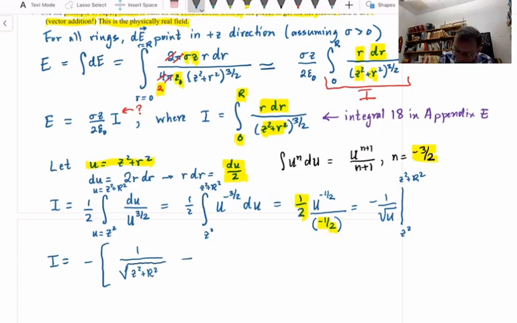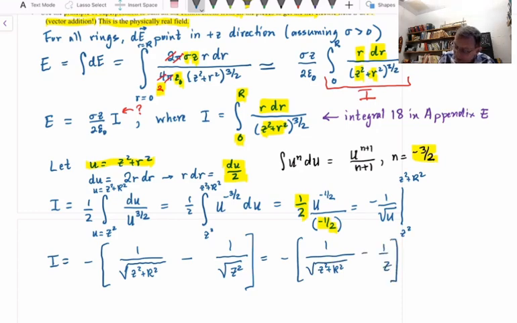Minus 1 over square root of z squared, which we can write as minus 1 over z.